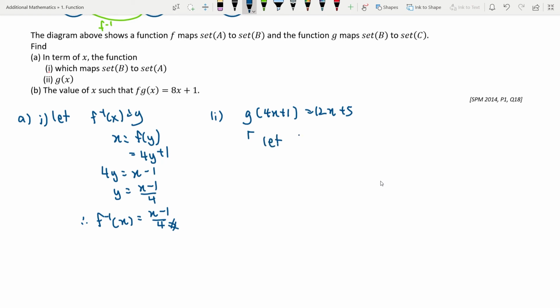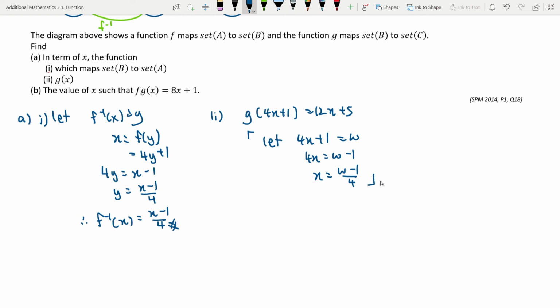We let 4x plus 1 equal to w. Then we make x the subject. We have 4x equal to w minus 1, x equal to (w minus 1) over 4.